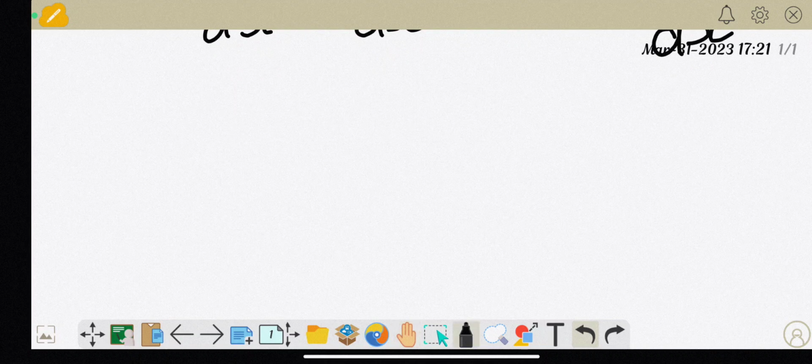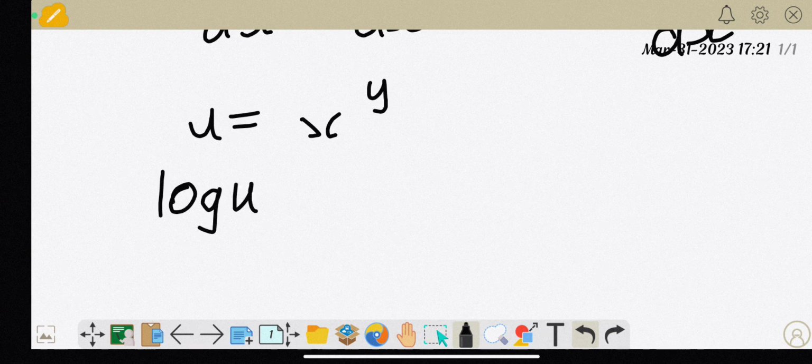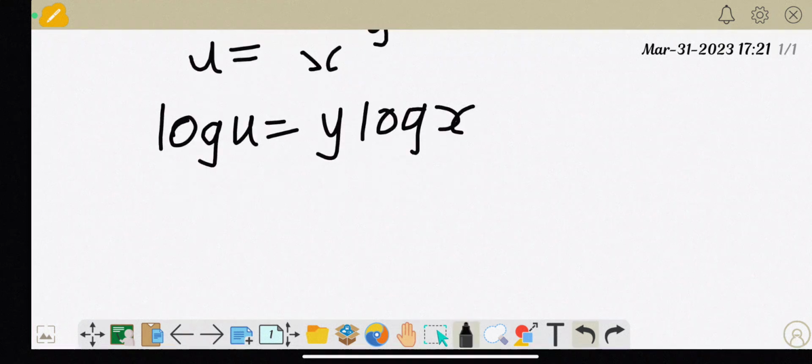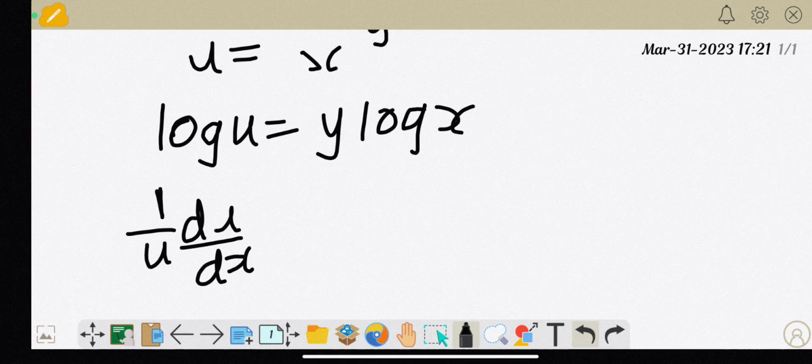So what we can do? First find out du by dx. So what is u? u is equal to x to the power y, correct? So apply log on both sides. Log u is equal to y log x. Then differentiate on both sides. Differentiation of log u is 1 by u du by dx.